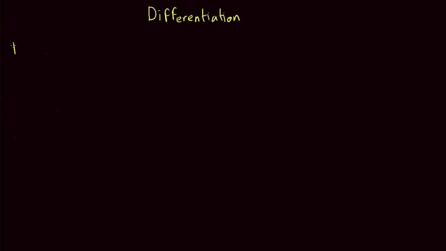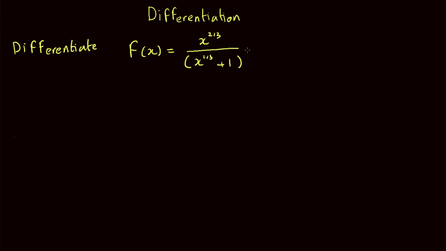Differentiate f x equals x to the power of 2 over 3, over x to the power of 1 over 3, plus 1. I'll give you guys the opportunity to pause the video and give it a shot yourself.